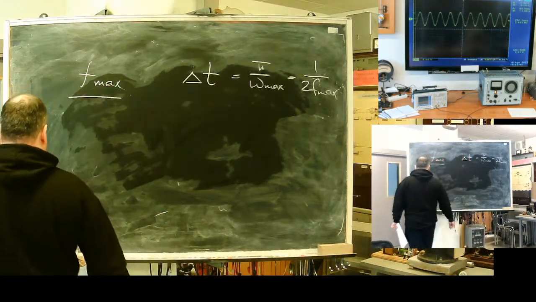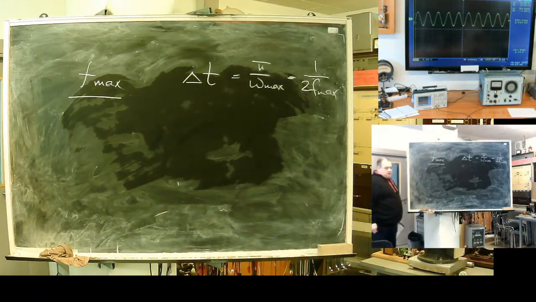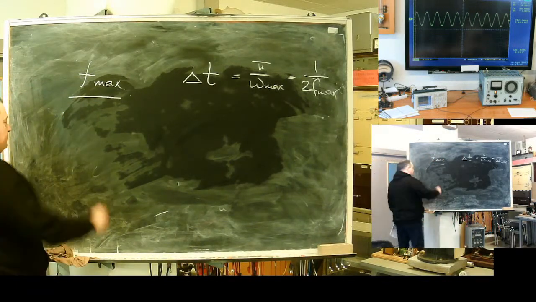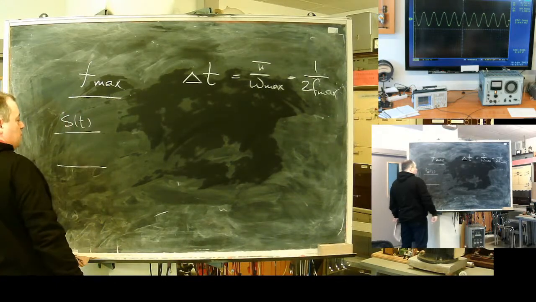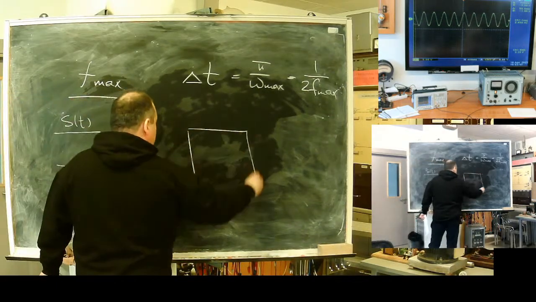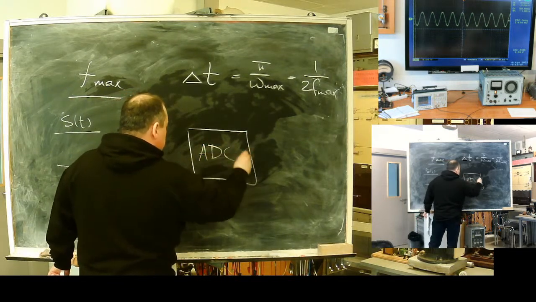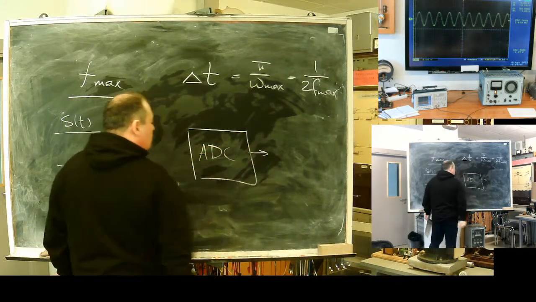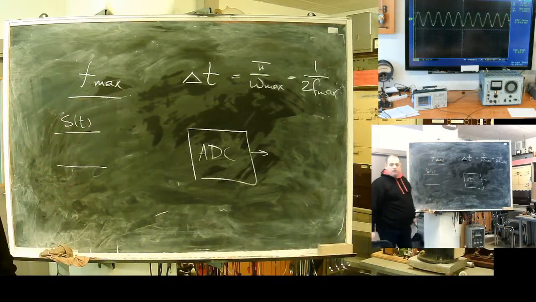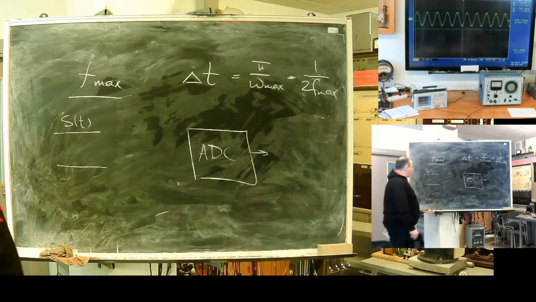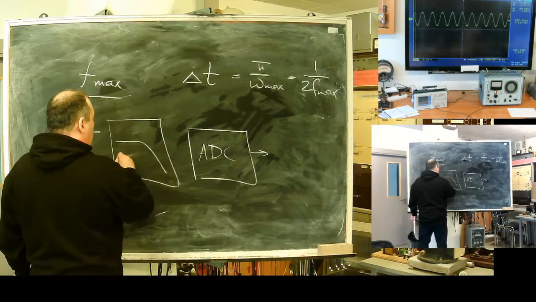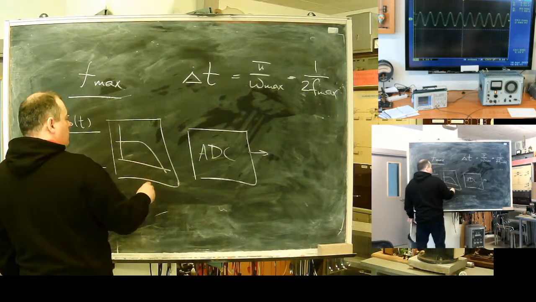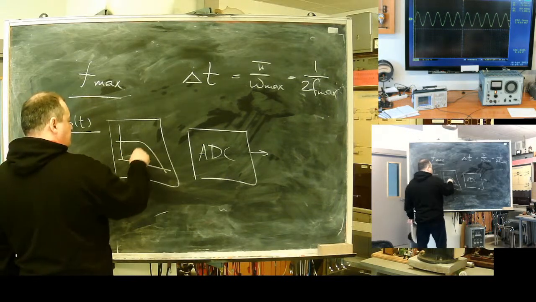This means that for any digital processing system, you have a signal, you have a block of analog to digital conversion, and later from there you will have the digital form. But in the middle, you need a low pass filter ensuring what?